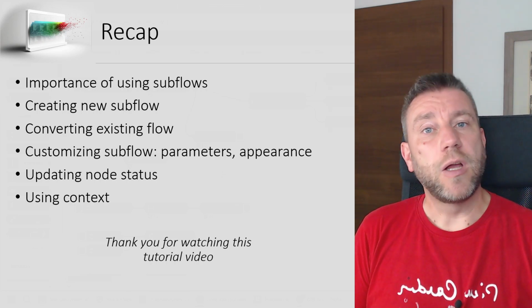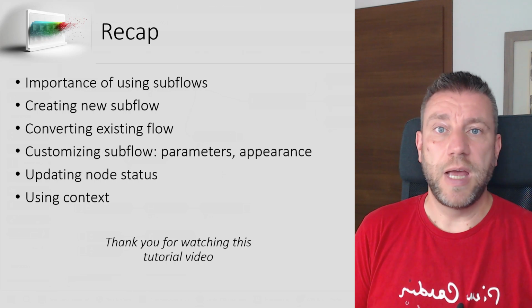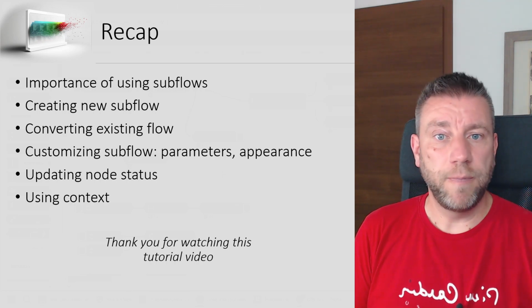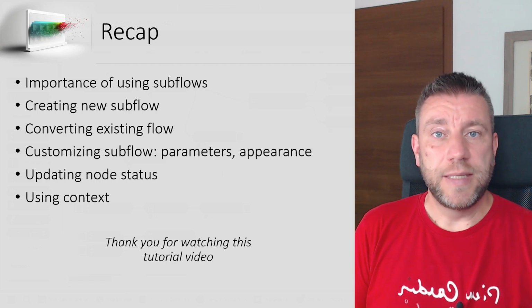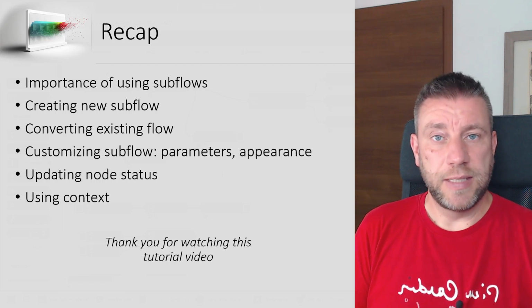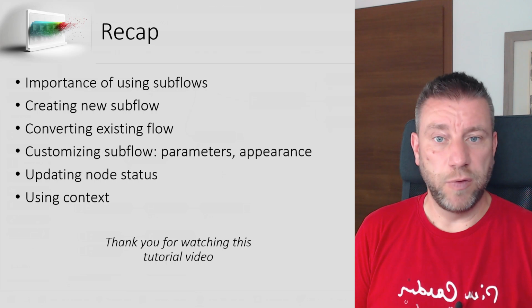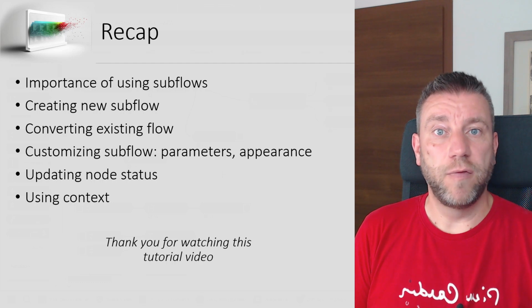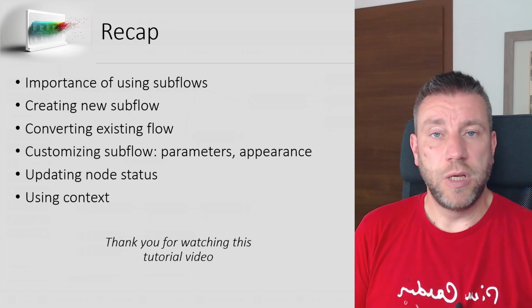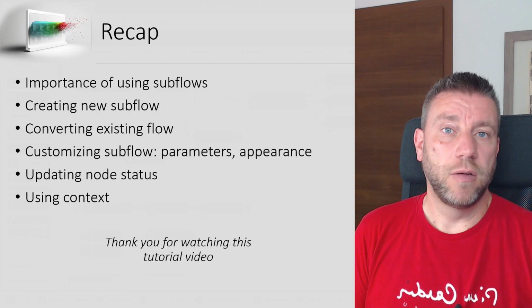We have seen how we can customize the subflow with parameters and icons and appearance and so on. We also understood how we can use the status node to update the status just below the subflow. And finally, we looked at how we can access the context of the parent flow in order to exchange data with the rest of the flow logic.